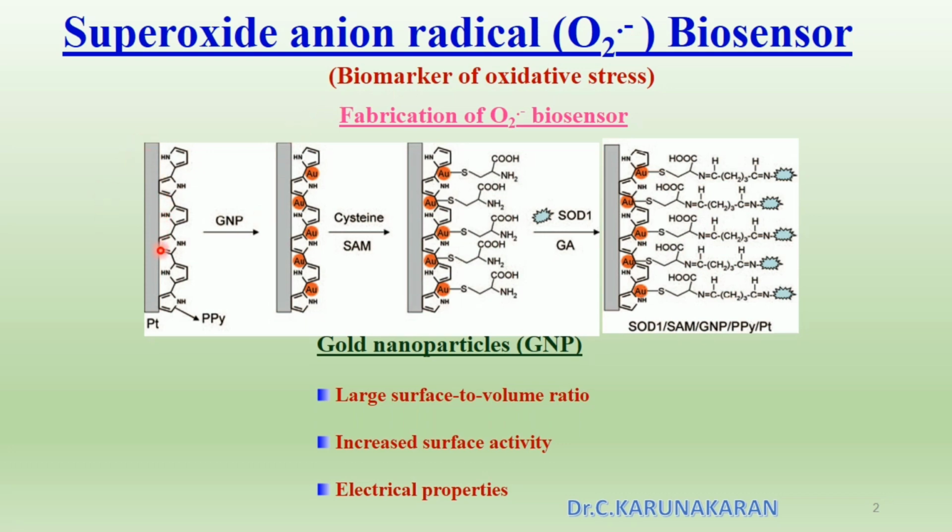Now I will tell you how it is fabricated. We have taken a platinum electrode. In our early research, we have used platinum electrode. In the later part of our research, we have used screen printed electrode for portable applications. In this case, we have taken a platinum electrode and electropolymerized pyrrole to give polypyrrole, and later on the polypyrrole electrode we have electrodeposited gold nanoparticles, and then we have formed cysteine.